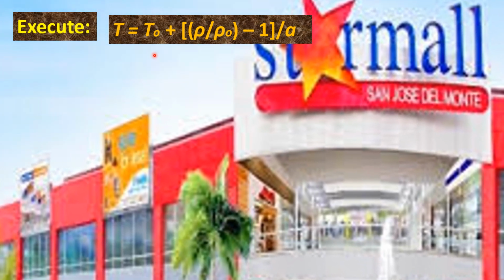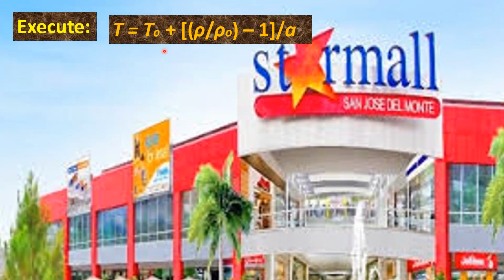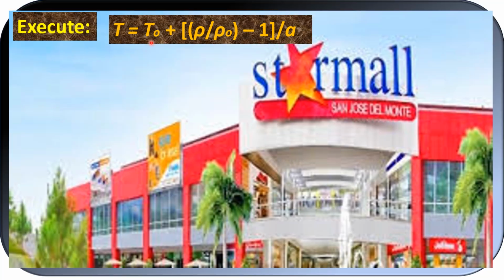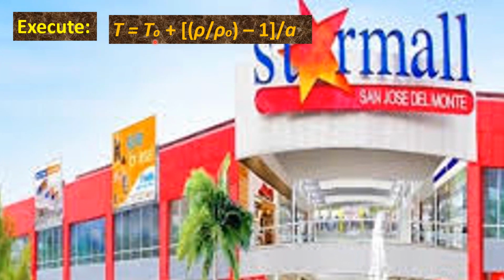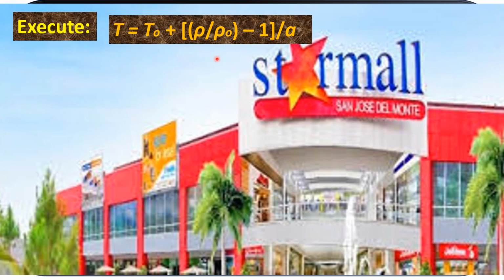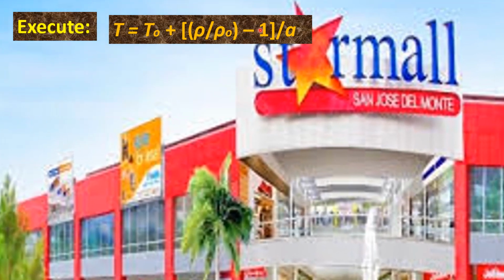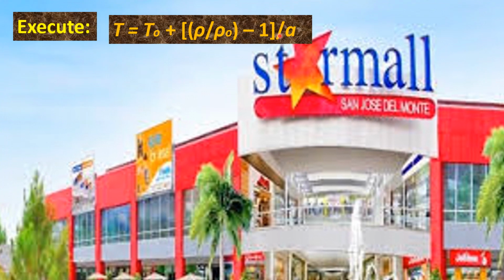So using the working formula to find the final temperature capital T, which is T equals T naught plus bracket quantity rho over rho naught quantity minus 1 bracket divided by alpha.